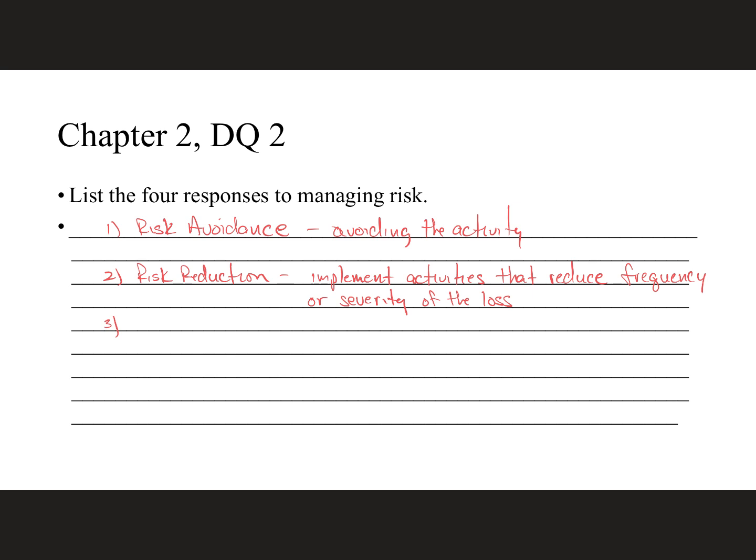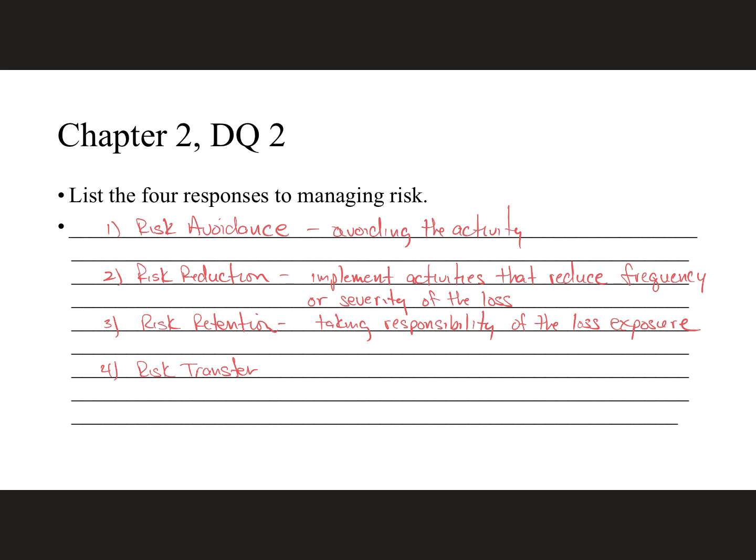All right, number three, we want to look at risk retention. Basically, we are going to be taking responsibility of that loss exposure. And number four, we are going to be looking at risk transfer.